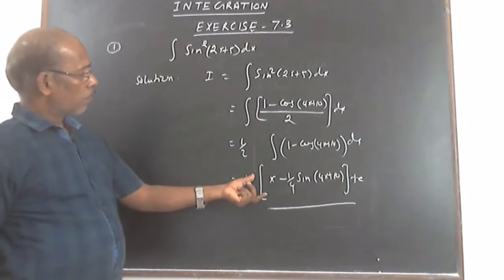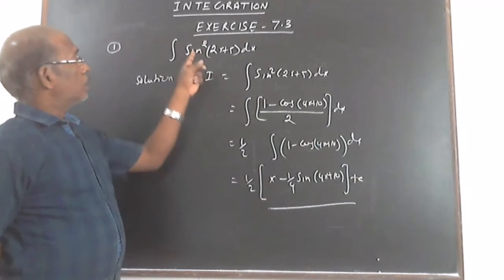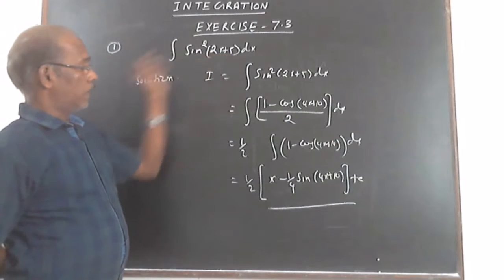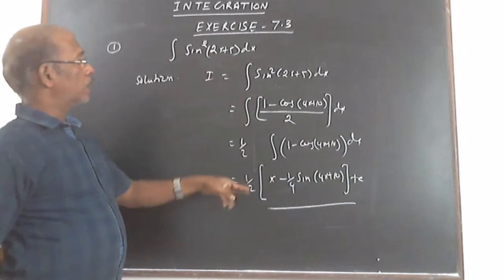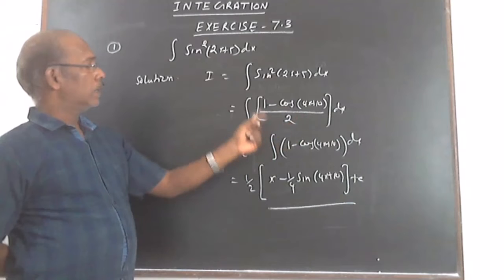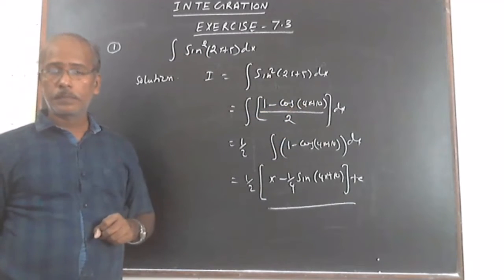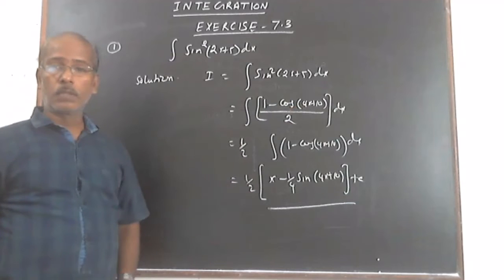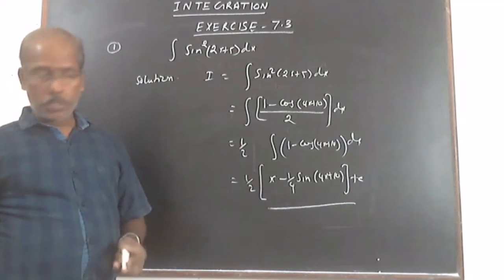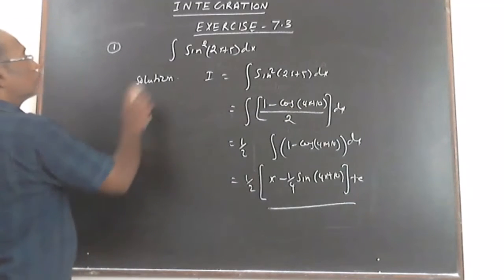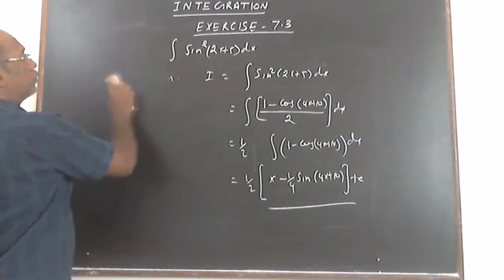So this is the integrated value of sine square of (2x plus 5). We have integrated using the identity (1 minus cos 2 theta) by 2 for sine square theta. Let's copy it. We'll go to the next question. Question number 2 of exercise 7.3.